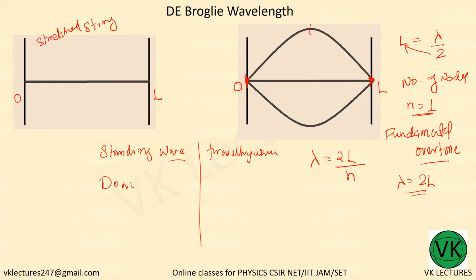Traveling waves transfer energy, traveling with a group velocity Vg. That is what we know. So please keep this in mind, because we will be requiring it at a later stage.